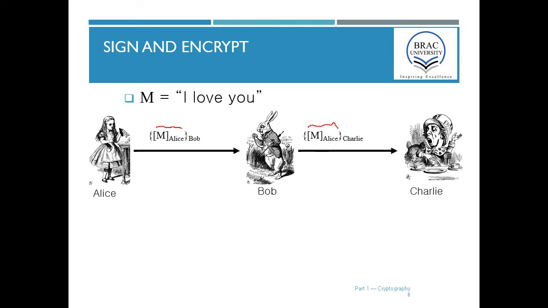He then re-encrypted it with Charlie's public key, which is known to everybody, and sent it to Charlie. So what does Charlie think? This message is signed by Alice, so Alice must have sent it to Charlie. But actually Alice didn't send this message to Charlie. Alice sent it to Bob, and Bob just decrypted it and re-encrypted it with Charlie's public key.